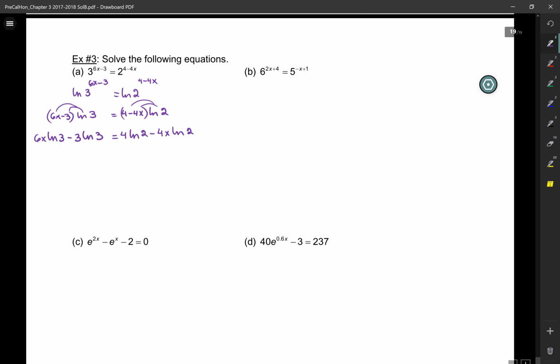Now, can I combine like terms, or can I bring everything with an x to the left side and everything without an x to the right side? Of course I can. So 6x ln of 3 plus 4x ln of 2 is equal to 4 ln of 2 plus 3 ln of 3. Now, I'm going to factor out an x. Okay? Let's factor out an x.